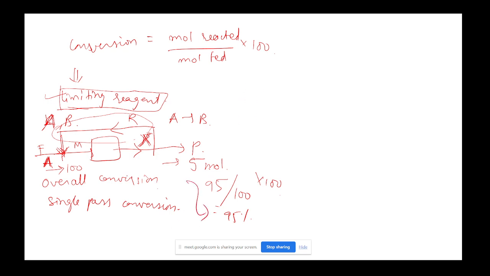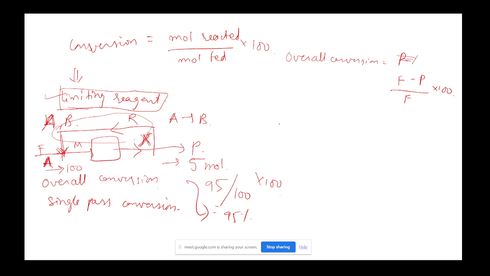Now if you want to find out single pass conversion, wait, I will write a common definition. Overall conversion is P minus, oh sorry, F minus P upon F into 100.